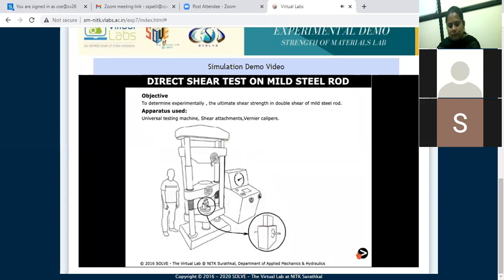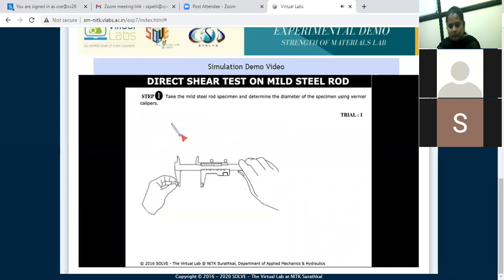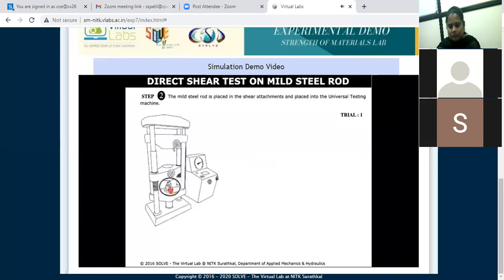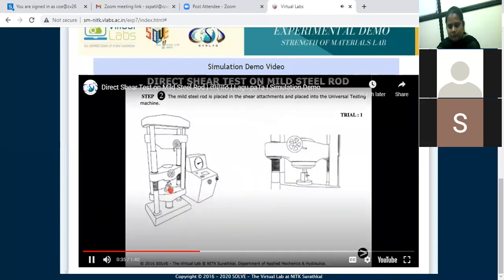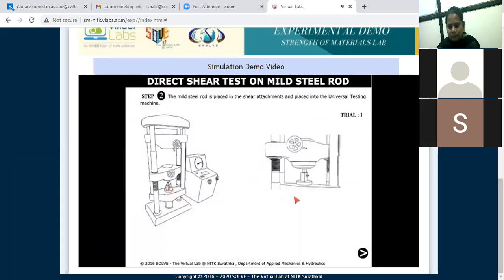Throughout the simulation, to proceed to further steps, please click on this arrow. Click here to measure the diameter of the mild steel rod specimen using vernier calipers. Click here to place the specimen in shear attachments and then to be placed in the universal testing machine. The zoomed view is shown here.